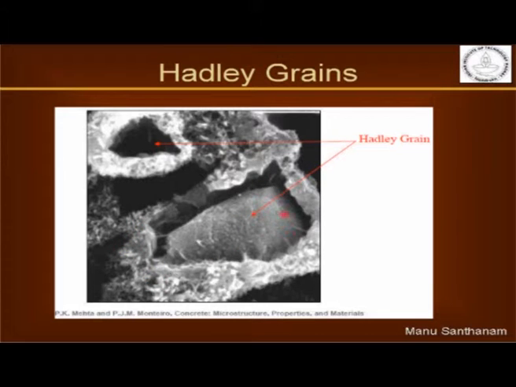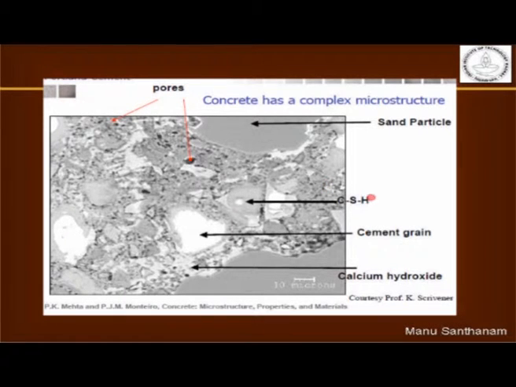This is a particle that is dissolving, and this is a space which was previously occupied by a particle which has got completely dissolved, and you only have the hydrated phase around it. Okay, this particle has got completely dissolved here. It's completely hydrated to form the hydrated phase that is going around it. These are also known as Hadley grains. Okay, but again, that's not of much significance to our discussion right now.